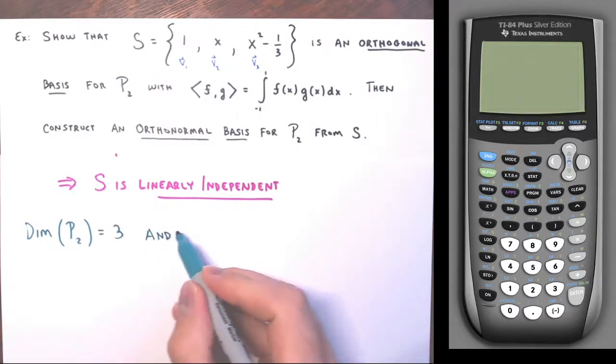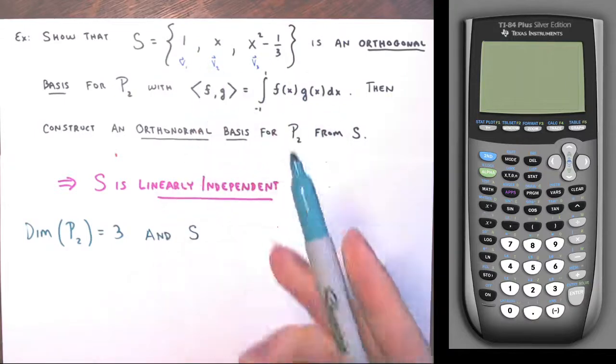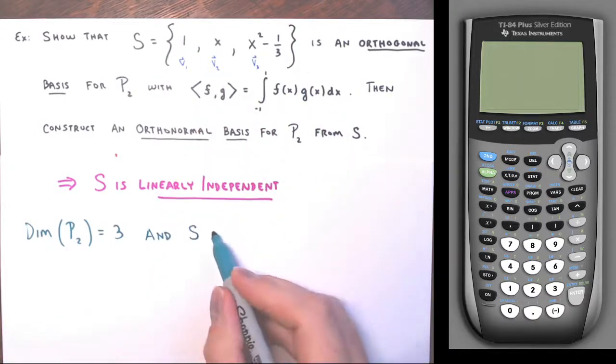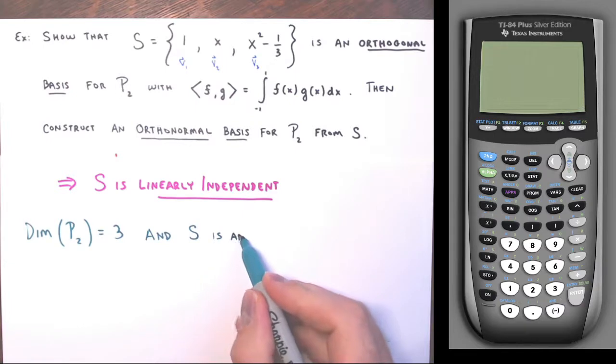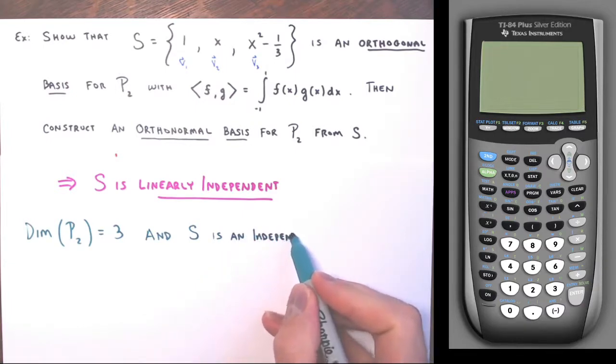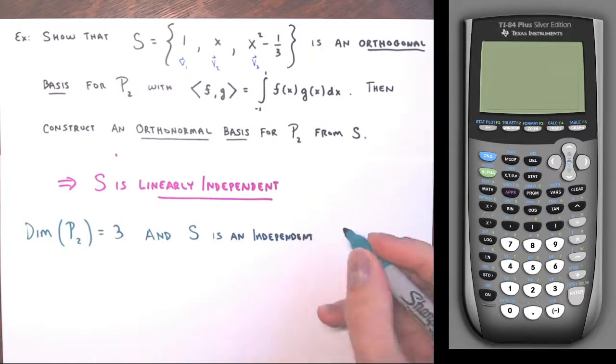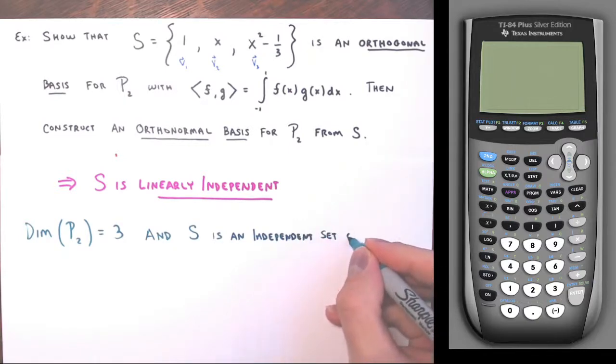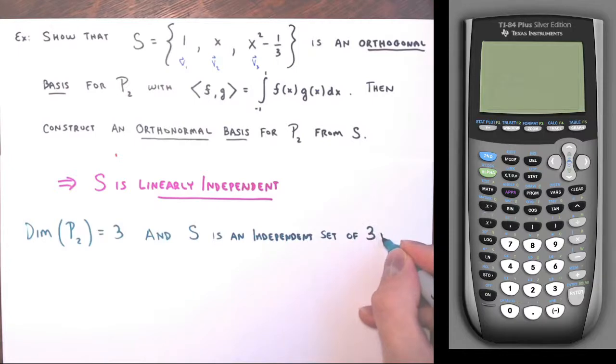And set S is an independent set of 3 vectors, which is the same number as the dimension of the space.